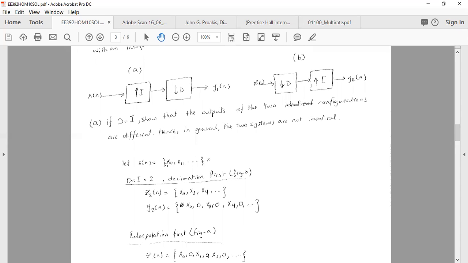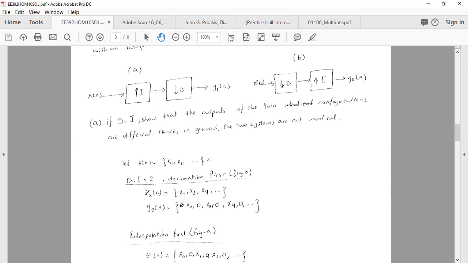So if you have a signal, let's say x of n is equal to x0, x1, x2, x3, x4, x5, and so forth, and your D and I values are equal to 2. What that means is that when you are decimating, you remove every second sample, and when you are interpolating, after every sample you insert an extra one, so the sequence splits into 2.